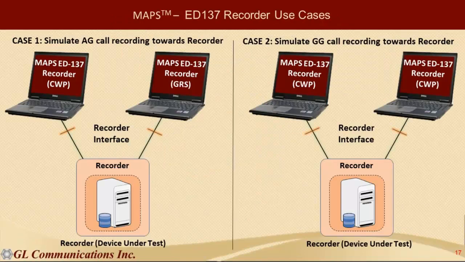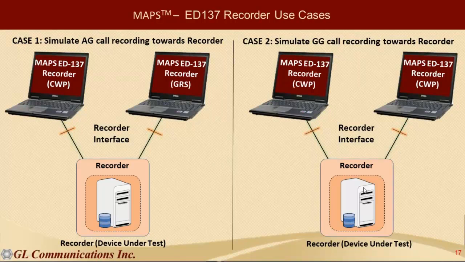So this slide shows the common use cases for the recorder emulator. In the first case, recorder vendors can use our MAPS tools to simulate the air to ground recording sessions towards the recorder to test the recorder interface. Similarly, they can use it to simulate ground to ground recording towards the recorder interface.